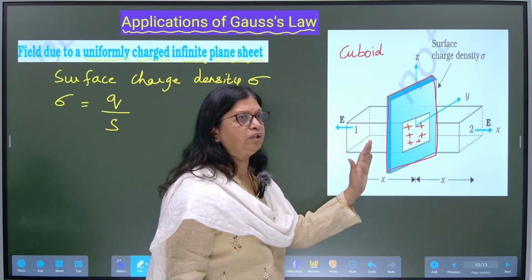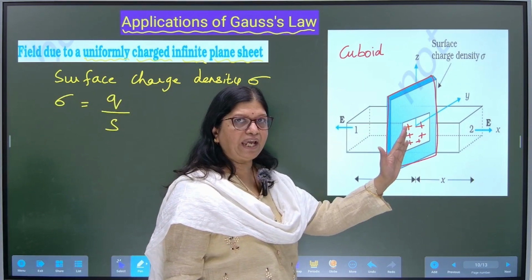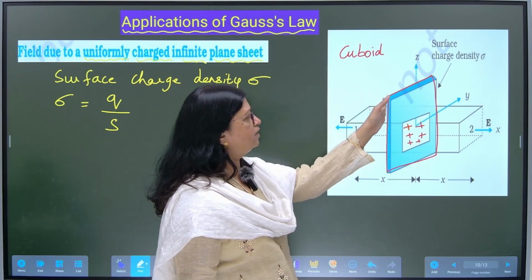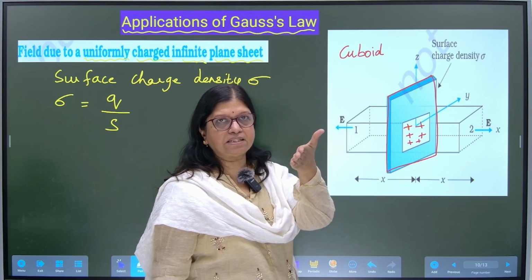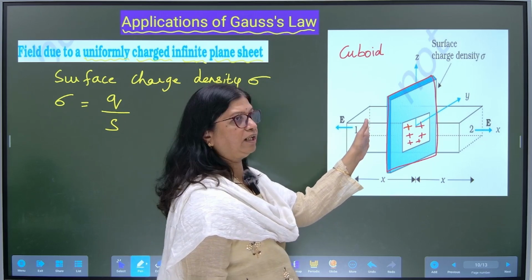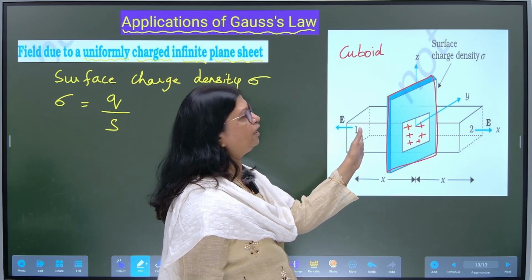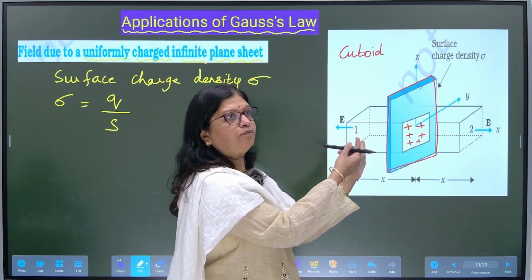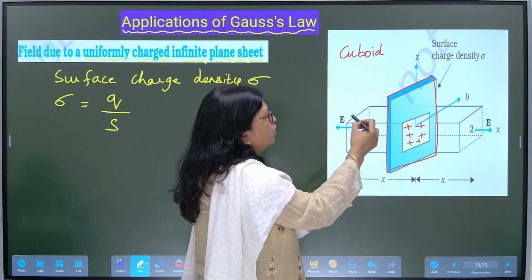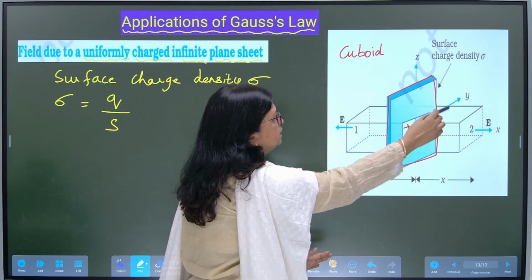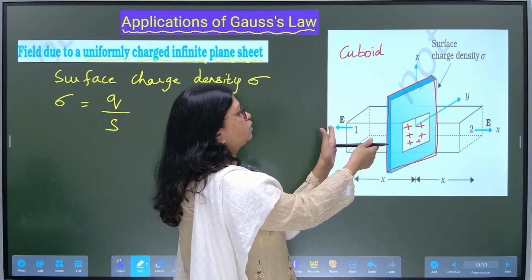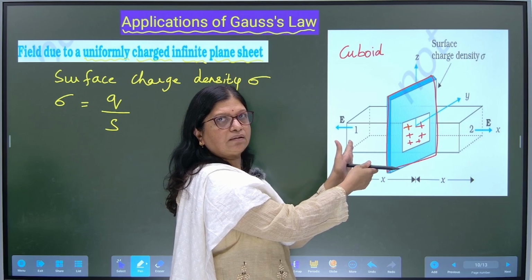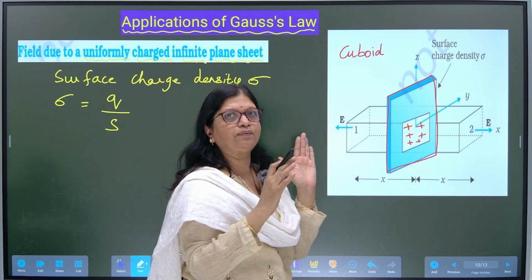Now coming to the diagram, understand what exactly we are trying to do. We have taken a sheet, placed it perpendicular to the board, and through it we have drawn a cuboidal Gaussian surface as you can see. You can also draw a cylindrical Gaussian surface through the sheet. The result will be the same.